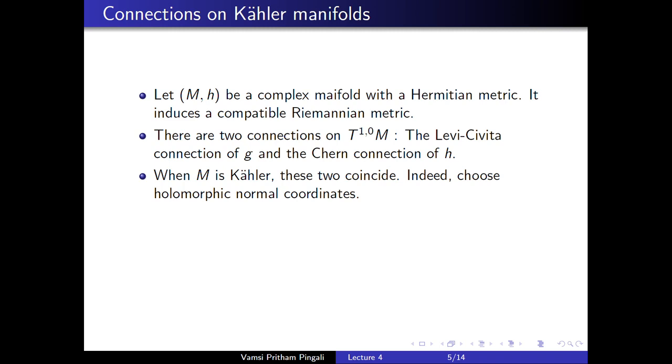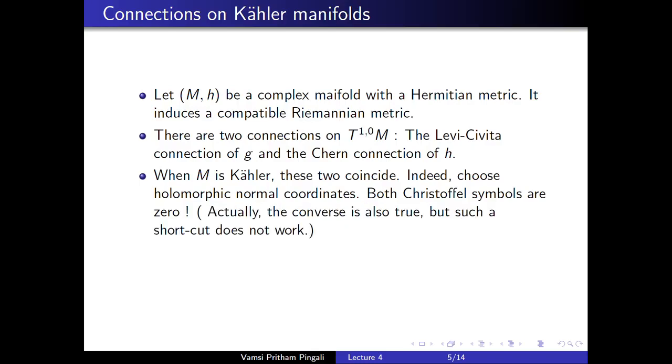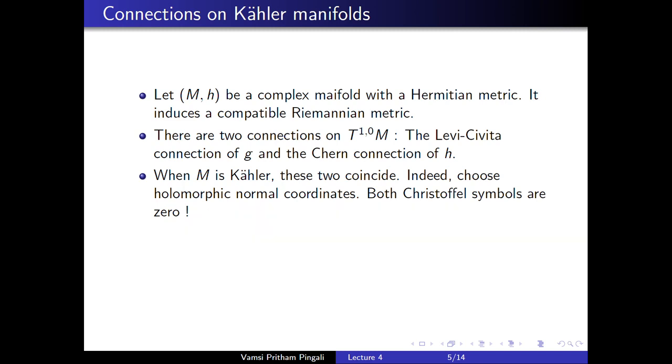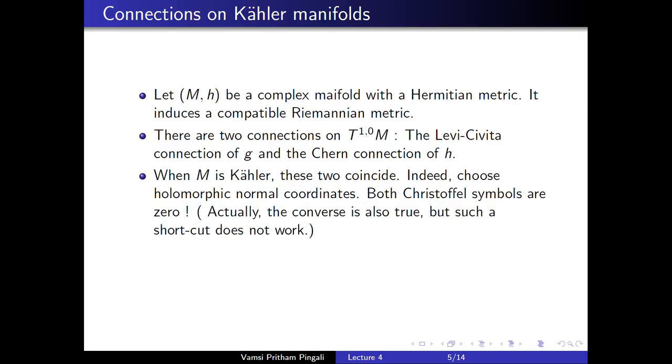Meaning, both kinds of Christoffel symbols, the ones coming from the Levi-Civita connection as well as the ones coming from the Chern connection, they're both 0 at that point in these coordinates. Hence, they coincide. So we're done, right? So it's easy to prove that if M is Kahler, these two coincide. The other way around is also true, but this sort of shortcut doesn't work. You have to do a little more work. Okay?